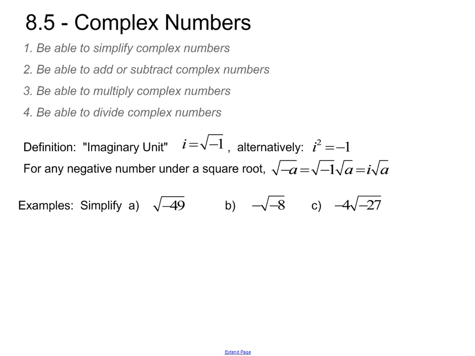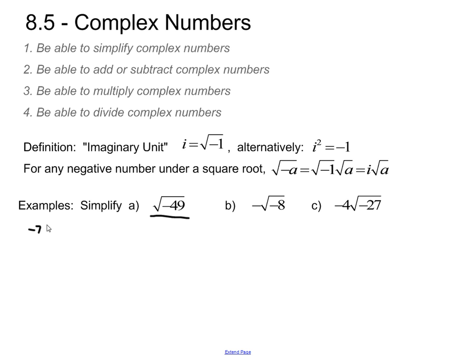As you probably are well aware, if I were to ask you to find something like the square root of negative 49, as in this particular example, I know that I would have a little bit of trouble. The reason why is that over the set of real numbers, there is no real number that would satisfy the equation. Why? Well, one might be tempted to say, well, what about negative 7?